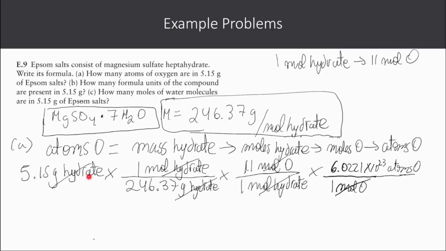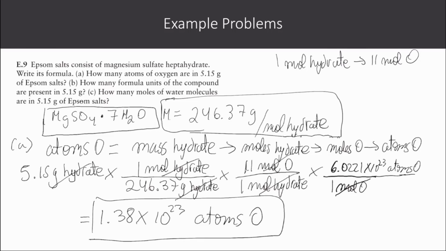Okay, so after carrying out all of this algebra, we get 1.38 times 10 to the 23rd atoms of oxygen. And this is our final answer. Notice that we have 3 significant figures because we start with 3 significant figures from the mass.